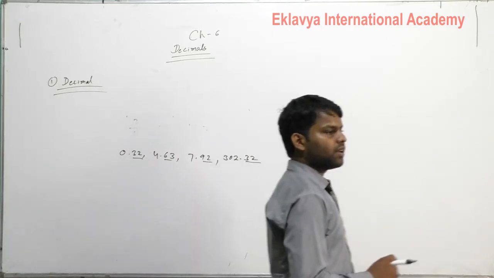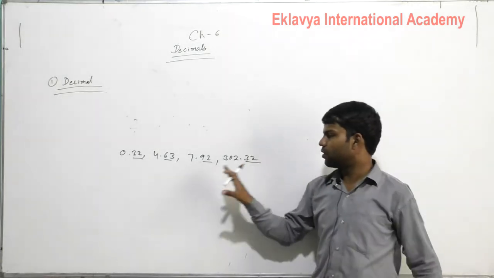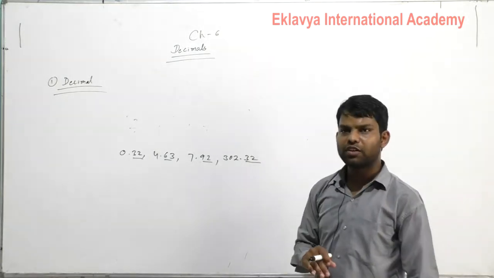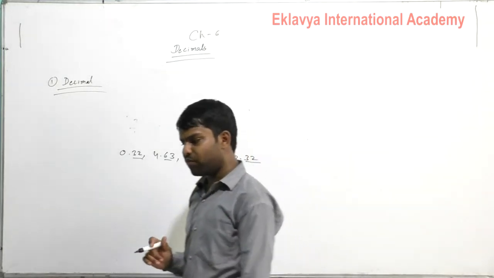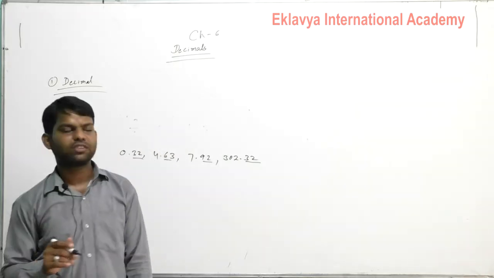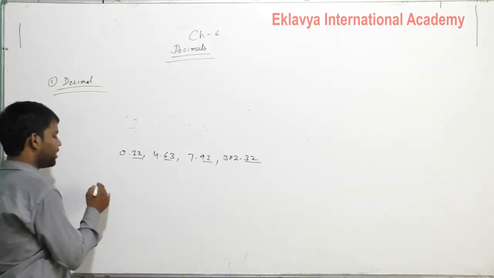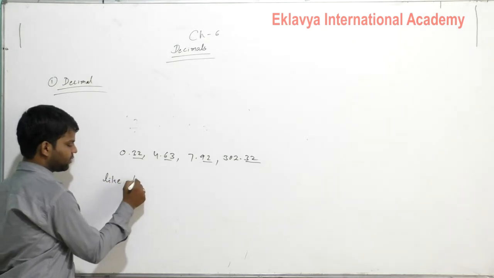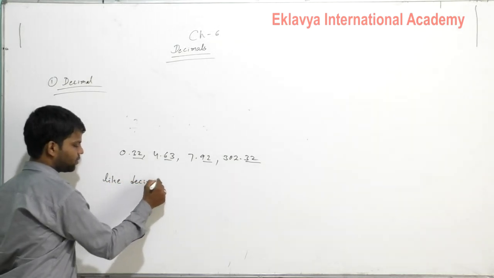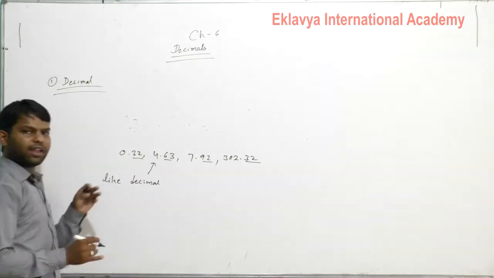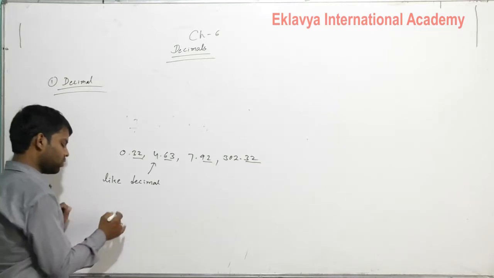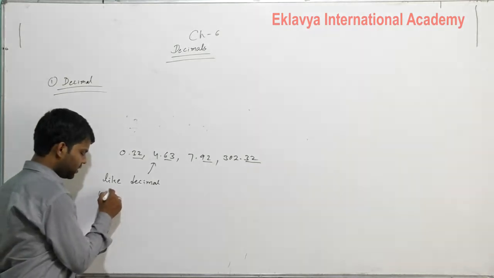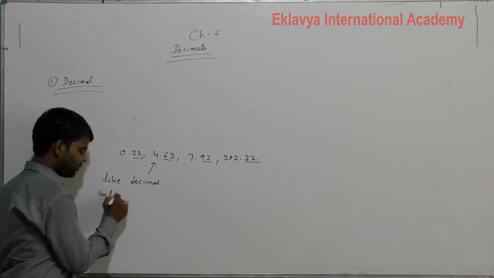All the numbers have place value 2. So if we have the same place values, then the decimals are called like decimals. If they have different place values, then we call them unlike decimals.